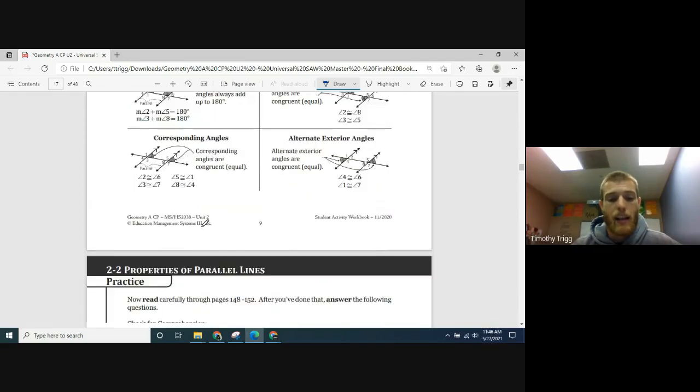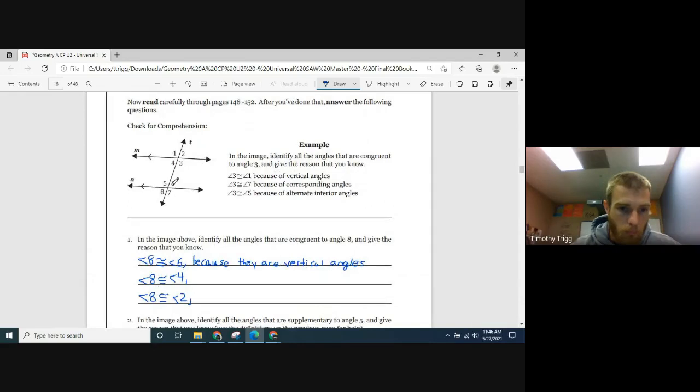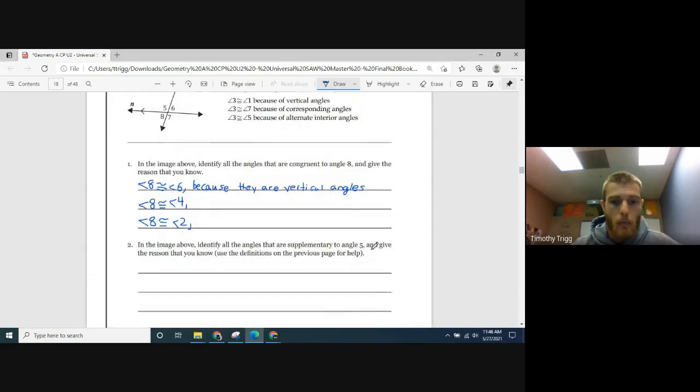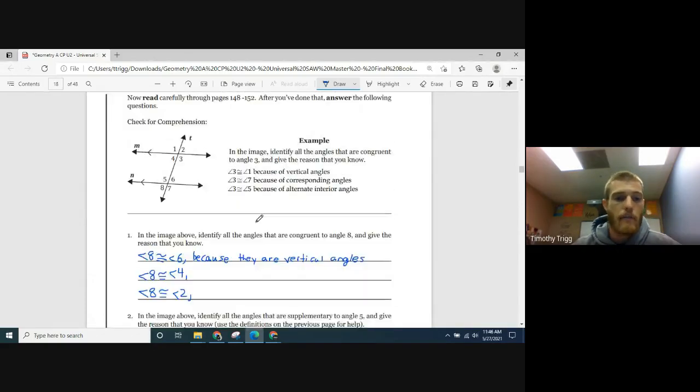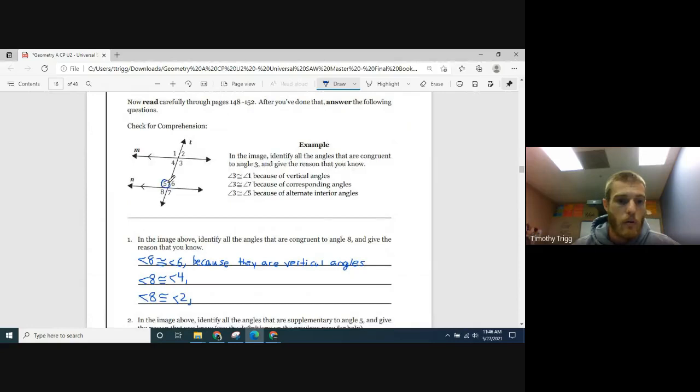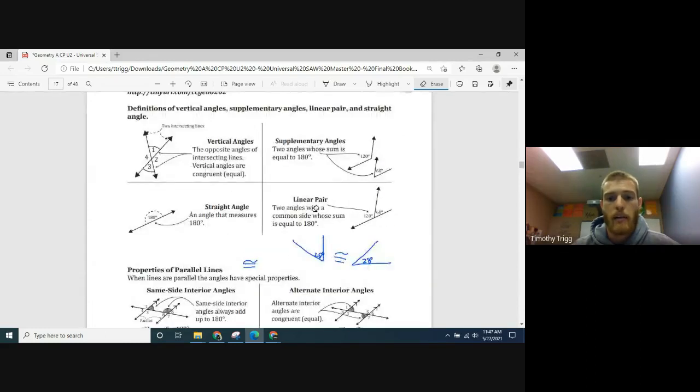So we might see that a lot in this picture, right? Here we're looking for supplementary to angle 5. So here's angle 5. What would be an angle that is supplementary to that? Well, we can look for a linear pair, meaning they're on the same line together, forming a straight line.